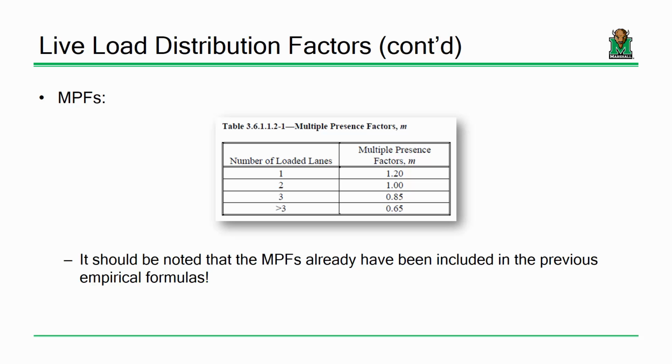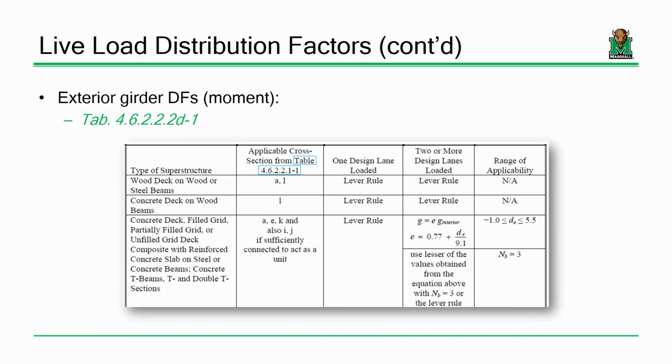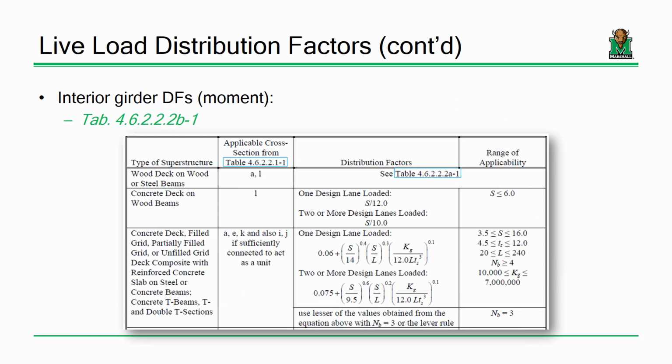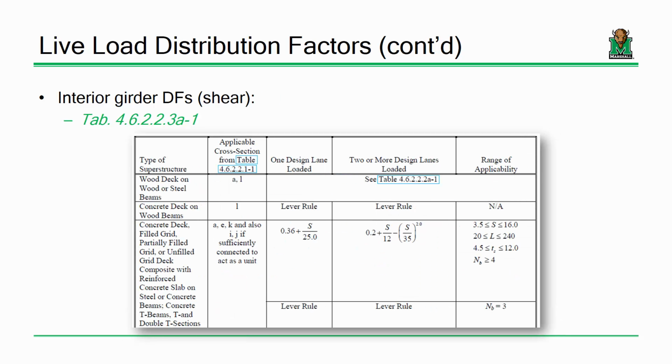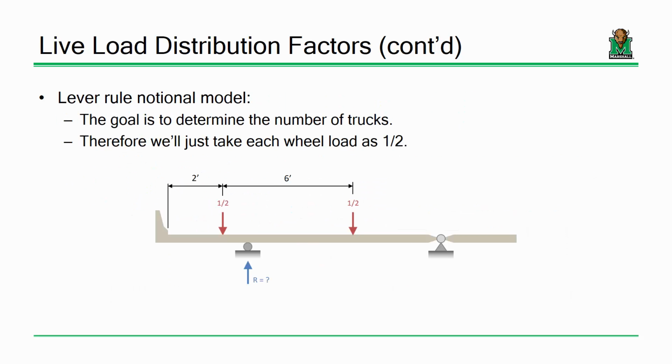Now, this note here, we only include multi-presence in 2 things, the lever rule and special analysis. Wait, don't we have to do it in all those other equations? No, they're built in. All these nice empirical equations that you see right here like this, multi-presence is built into it. You don't need to go out of your way to do it, okay? But lever rule and special analysis, you got to go out of your way. Make sense? Okay.